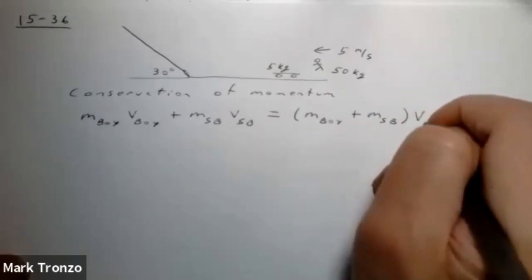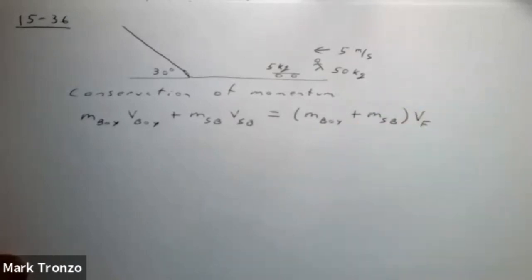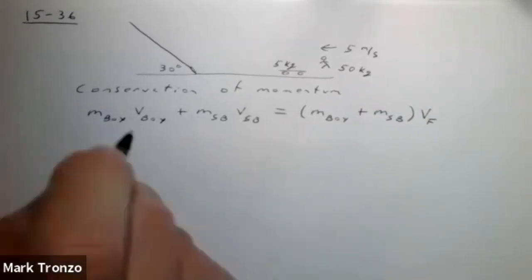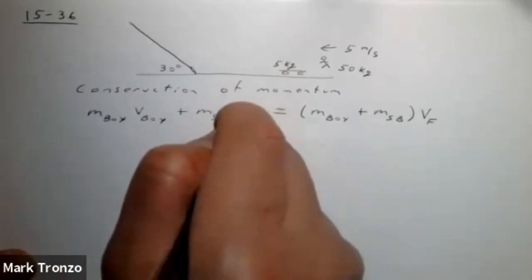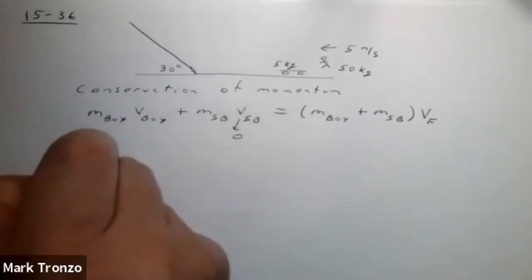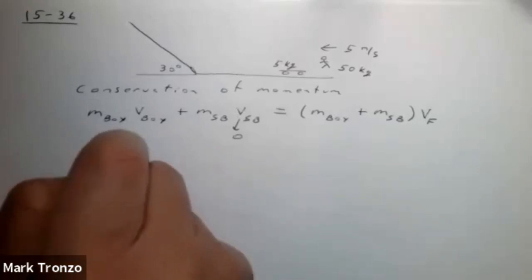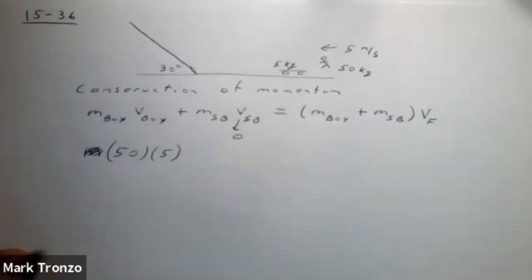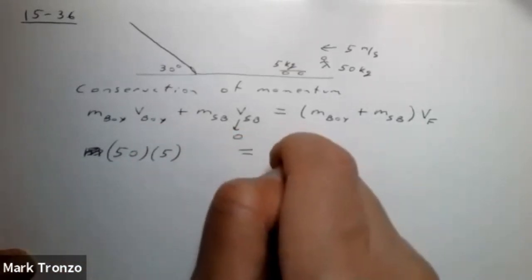So again, I don't know what you want to call it. I would just call it VF or V final, something like that. So once again, the first part's pretty easy. The skateboard's not moving to start with, so it's going to be 0. And then the boy's 50 kilograms, and he's moving at 5 meters per second. After he jumps on the skateboard, the two are going to move together.